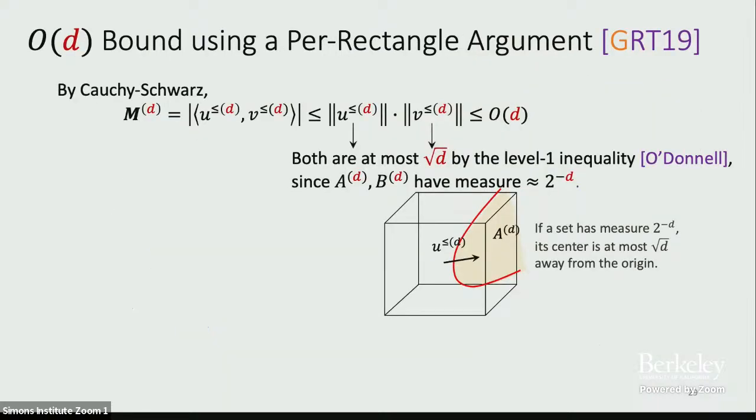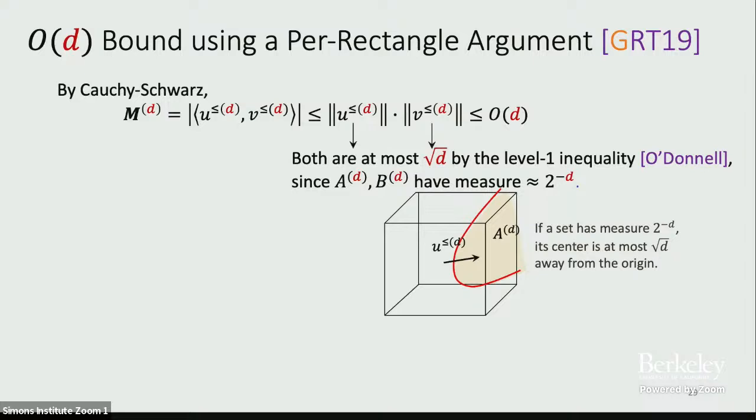You can show that this martingale that we care about can be bounded by order D in the worst case. That is, for every leaf of this protocol, this martingale is at most order D. And the justification of it is the following. You can just bound this by Cauchy-Schwarz by the product of the norms. And the point is each of these quantities is going to be at most square root D by an application of the level 1 inequality. So what does the level 1 inequality say?